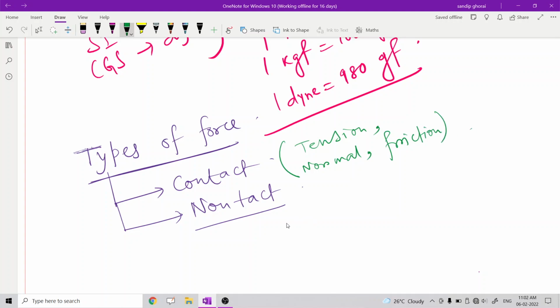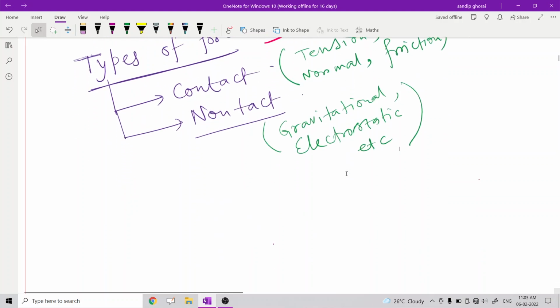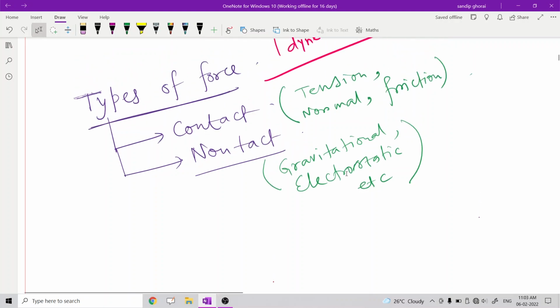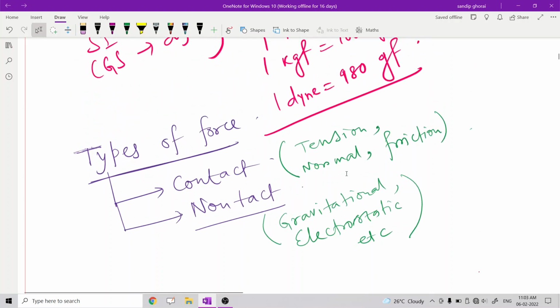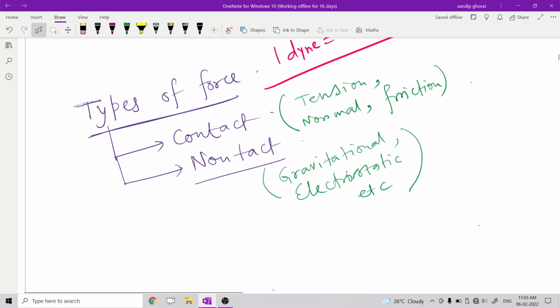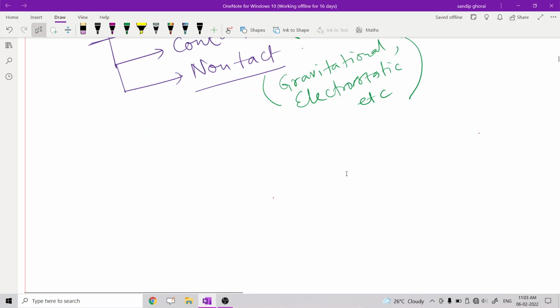For non-contact force you take gravitational, electrostatic, magnetic force, etc. That means these forces act between two bodies from some distance. But tension, normal force and friction force always act when the two bodies are in contact.